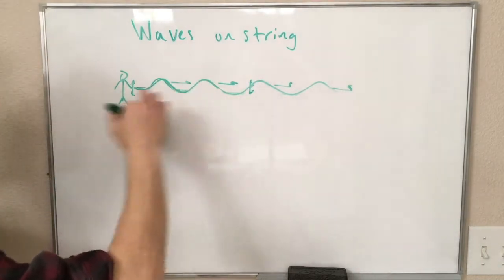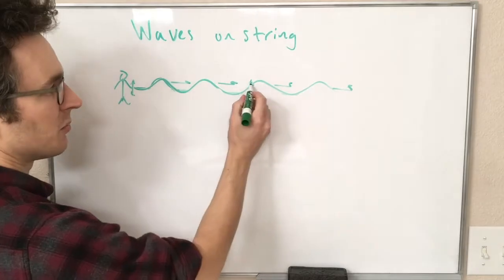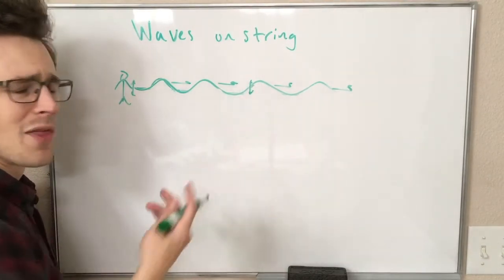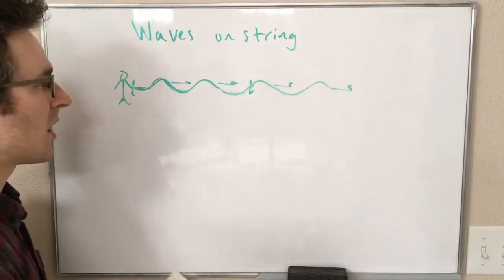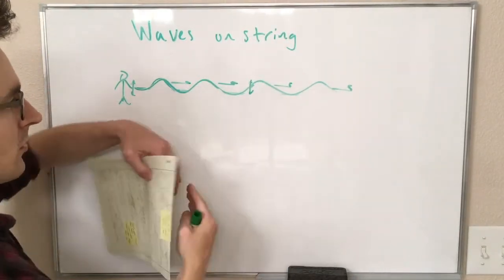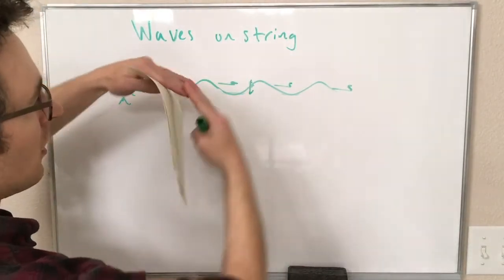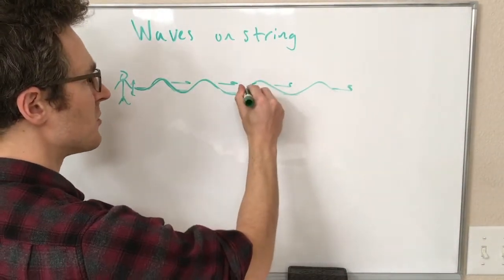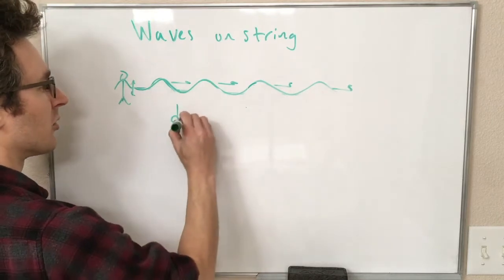So as the wave travels down the string, this little piece is moving up and down, this little piece is moving up and down, this little piece is moving up and down. They're not moving all up and all down at the same time. They're undergoing this kind of undulating motion. But the important thing is the displacement of the string is vertical only.